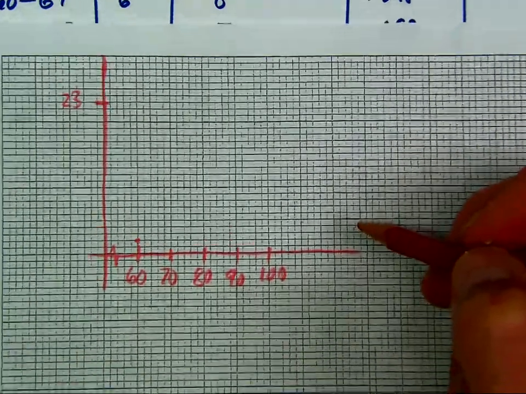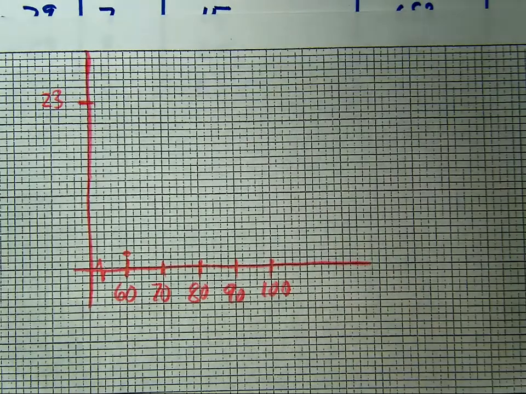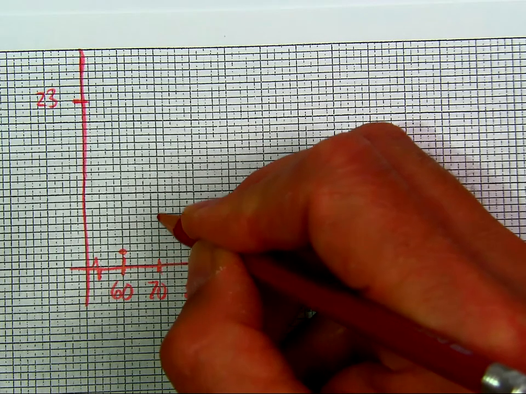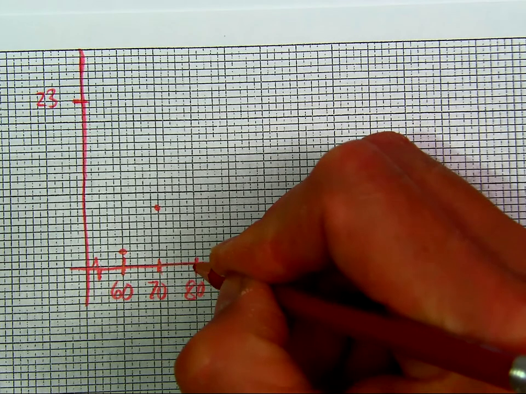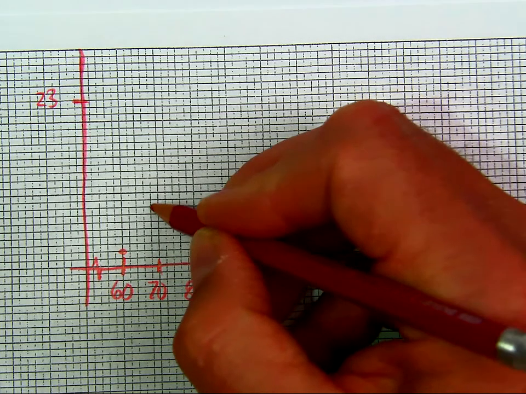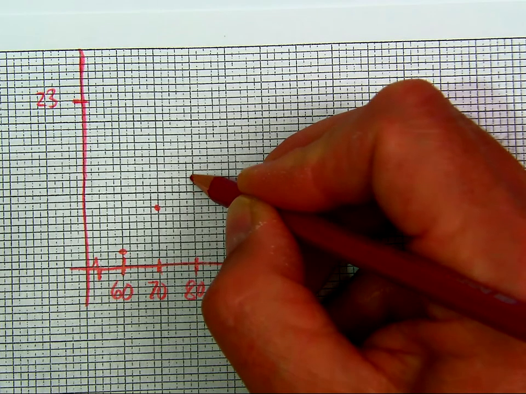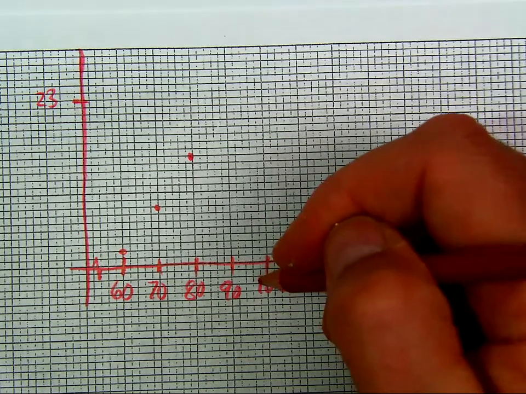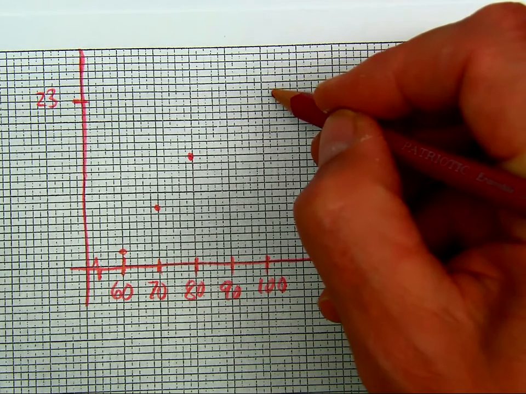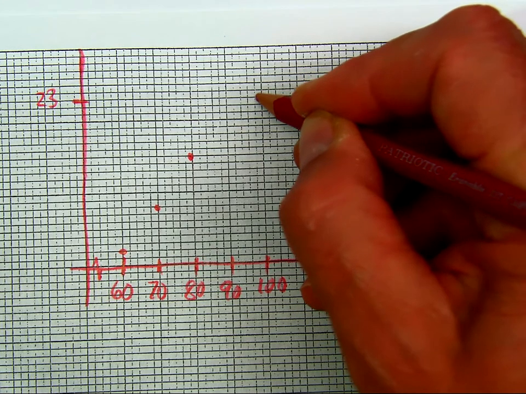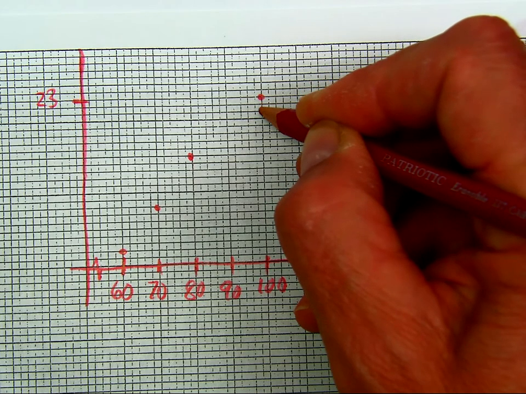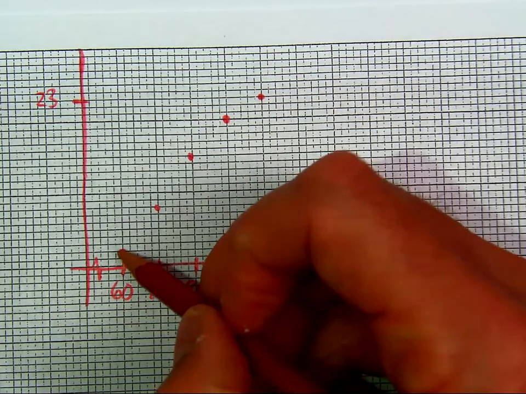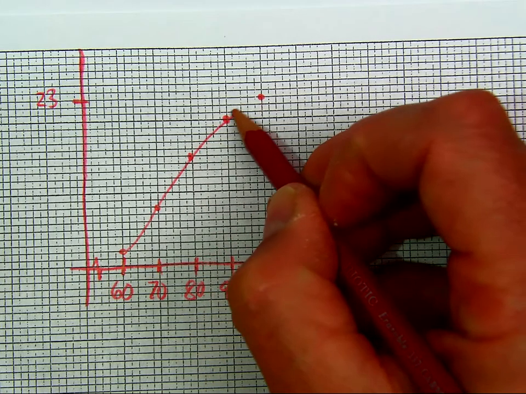At 70 we'll go to 8. At 80, we'll go to 15, so we're at 8, 9, 10, 11, 12, 13, 14, 15. At 90, let's go all the way to 100 is at 23. And we have to go down 22, 21, 20, and that'll be there. And then we try to draw a curved line through those points.